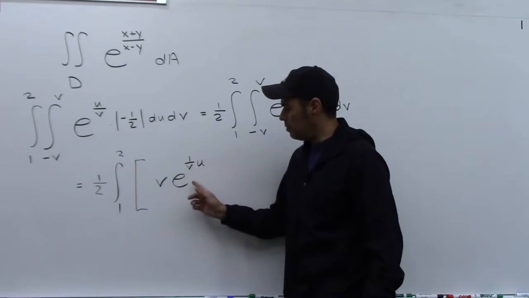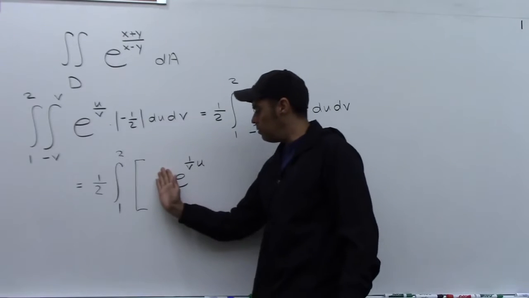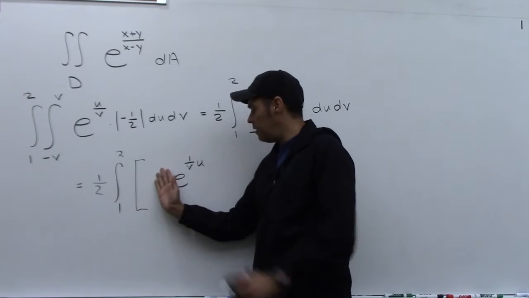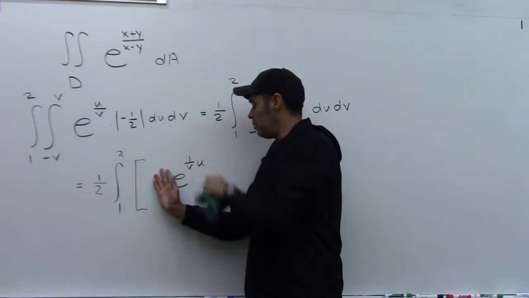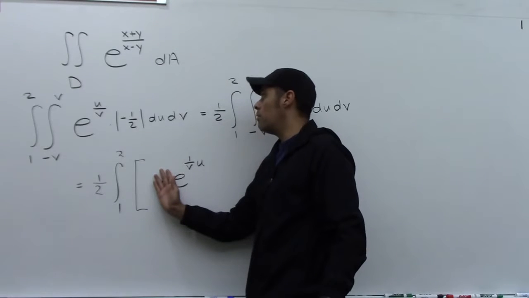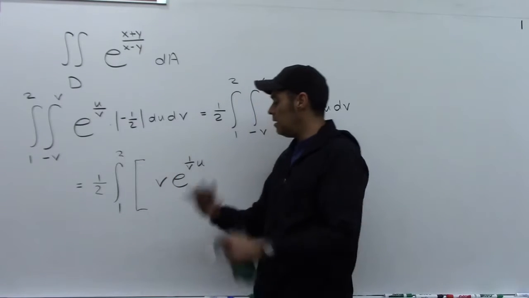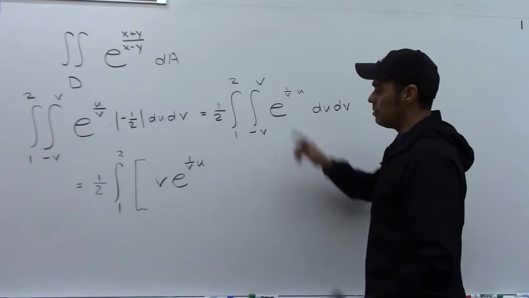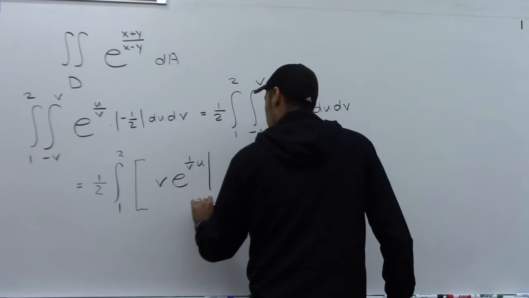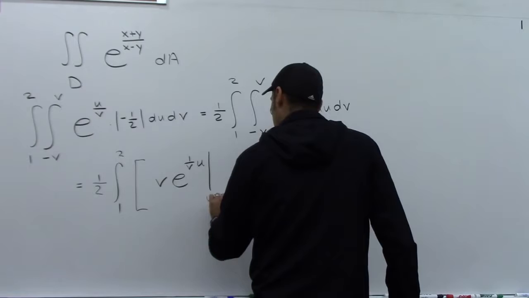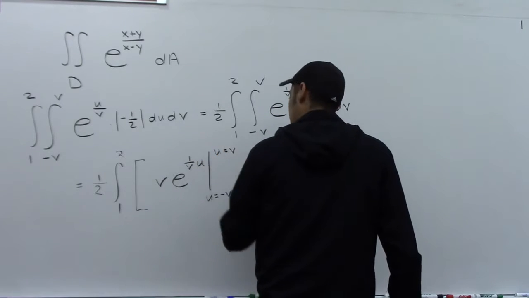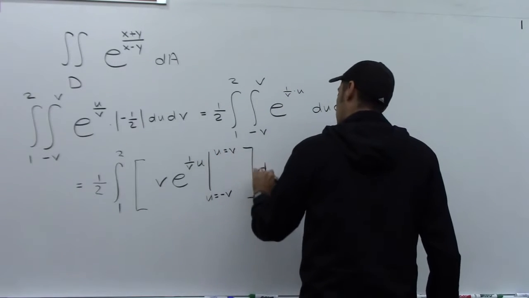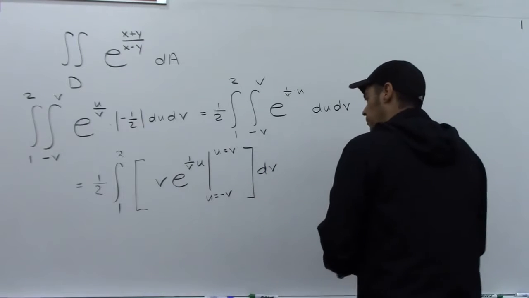What's the derivative of this with respect to u? That's a constant. Ignore it. Derivative of that is itself times the derivative of what's up here with respect to u, which is 1 over v. So 1 over v pops out, hits that v, goes away, and that would leave you with this. So that's the antiderivative. Evaluating from u equals negative v to u equals v. And then I'll integrate with respect to v.